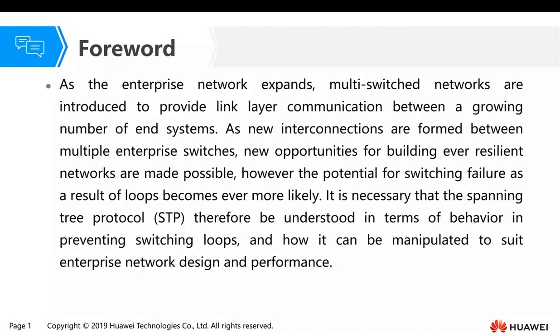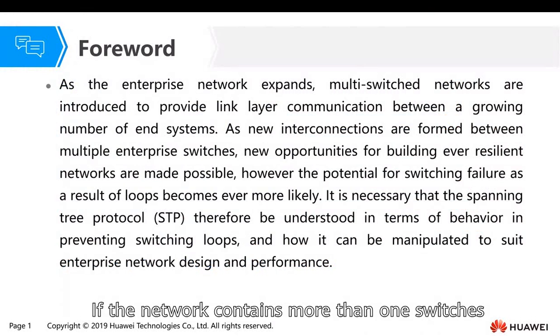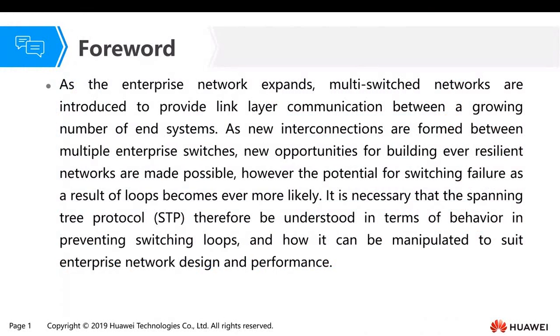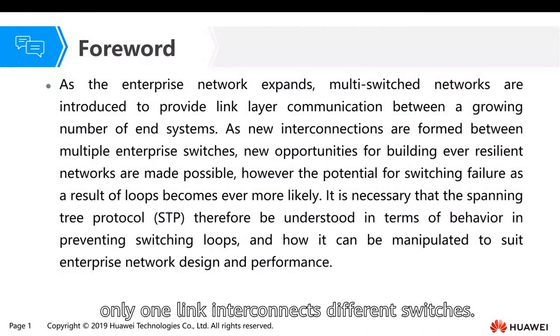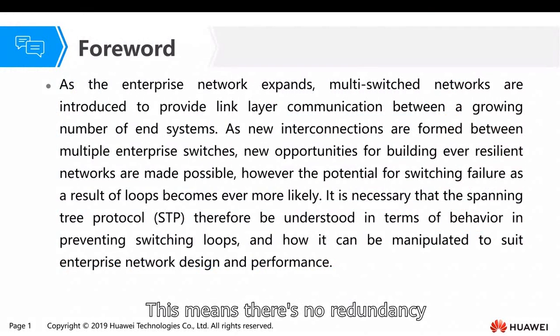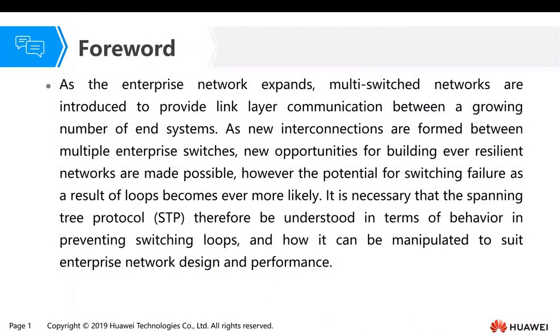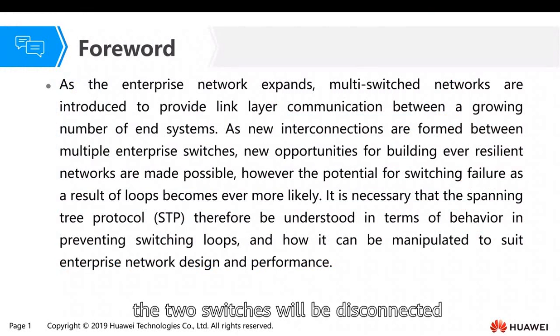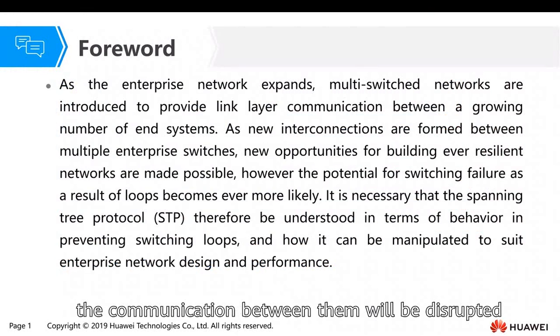And this is only one switch. But if the network contains more than one switch, and only one link interconnects different switches, that means there's no redundancy. If this link is broken, the two switches are disconnected, and the communication will be disrupted.